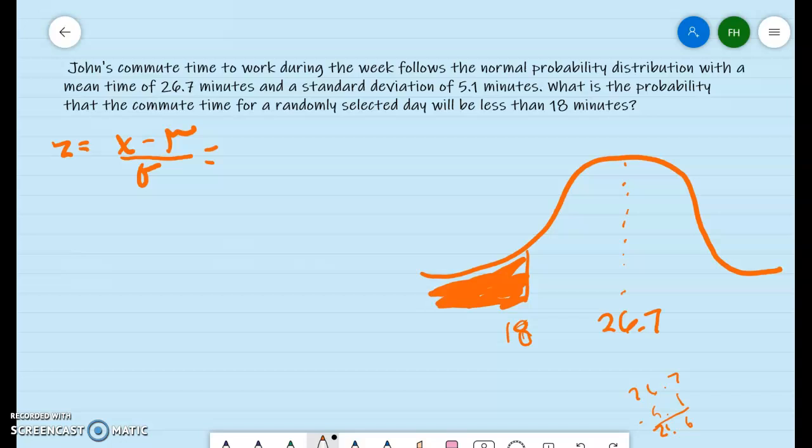We know that our x value is 18, our mean is 26.7, and our standard deviation is 5.1. So when we subtract and divide, we will get negative 1.71.